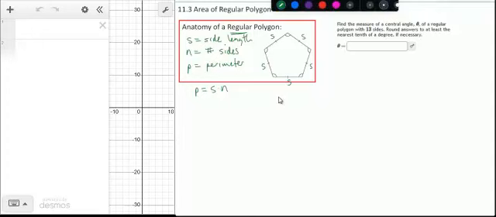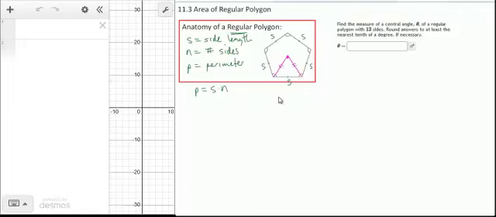The last thing I want to do, just talking in general about the regular polygon, is that every regular polygon can be created or referenced using congruent triangles originating from the center of that polygon that will always be isosceles.